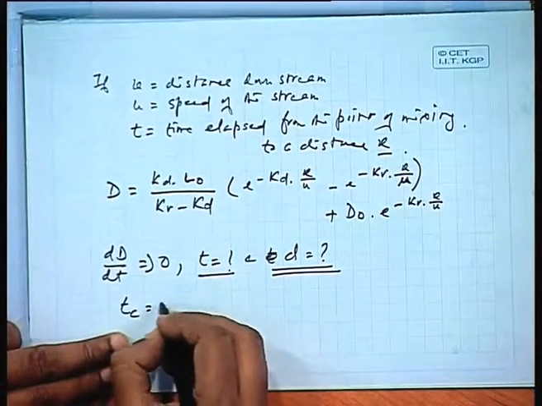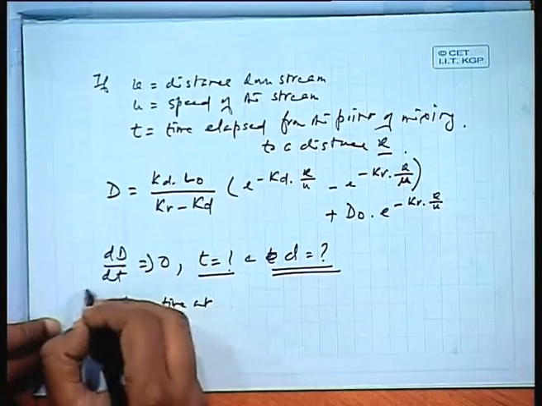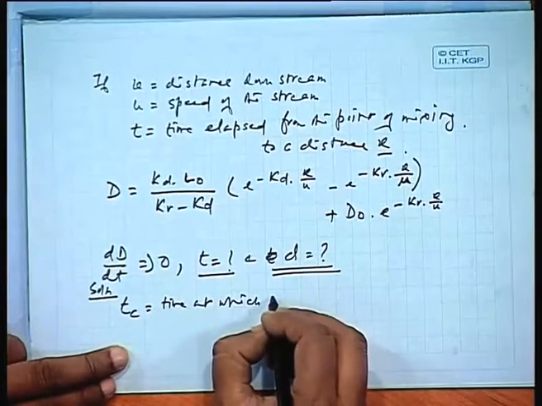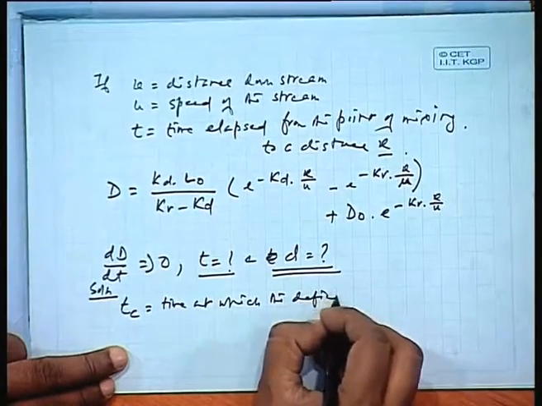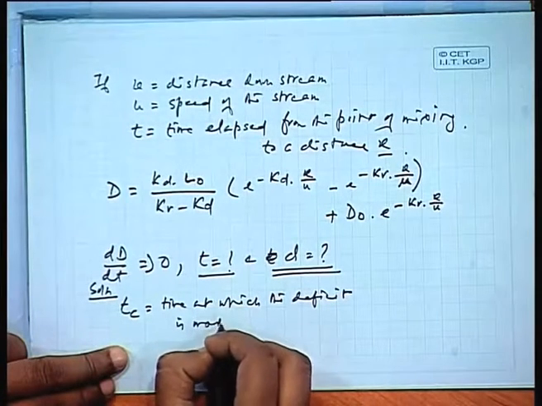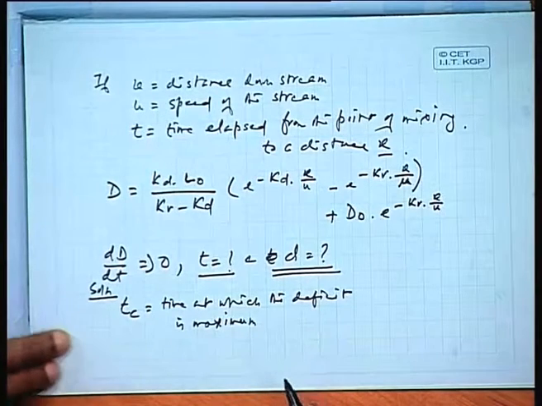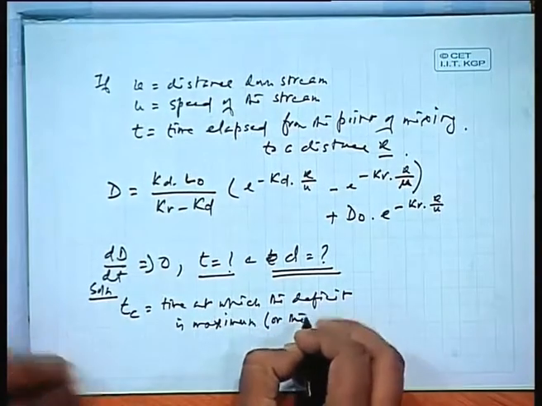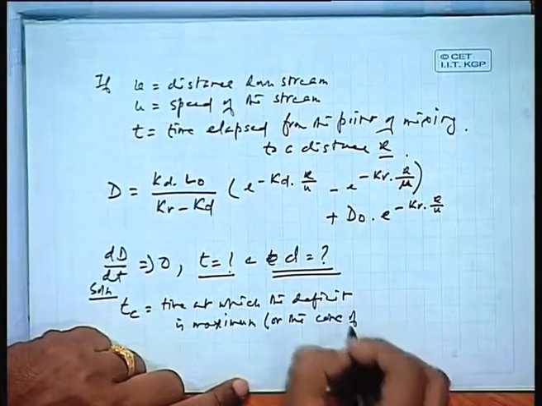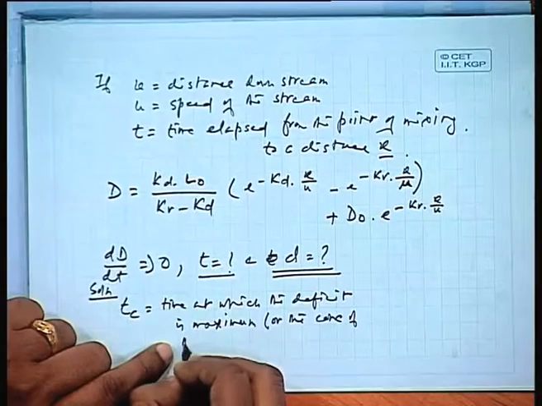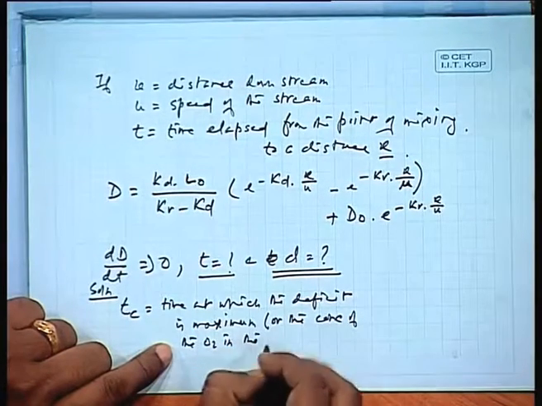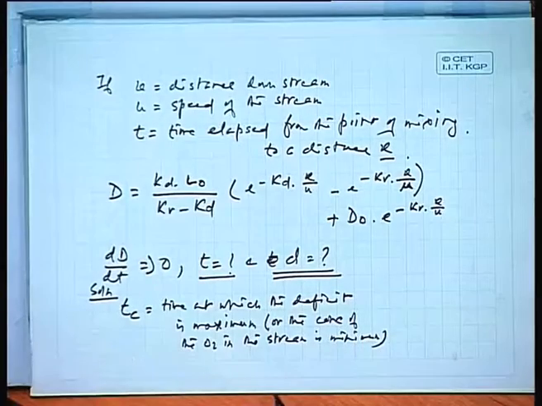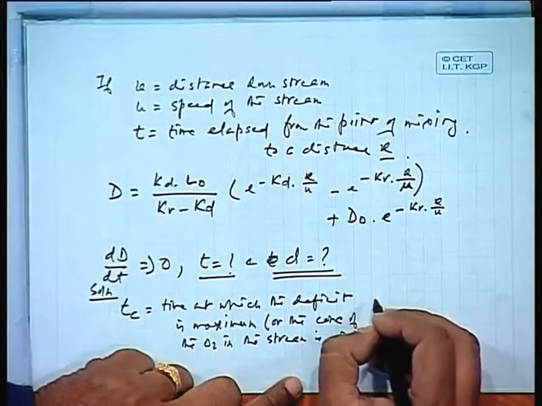T critical is the time at which the deficit is maximum, or the concentration of the oxygen in the stream is minimum, and it can be found out like this.